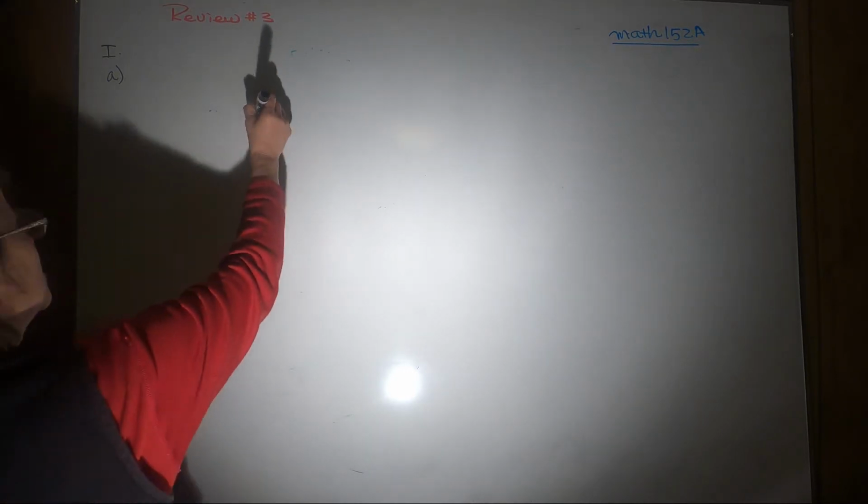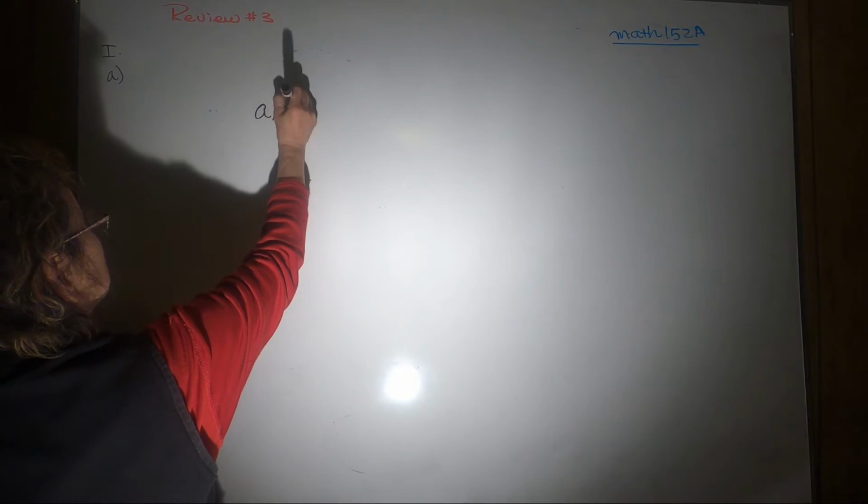We are doing the review for exam 3, which covers chapter 6, polynomials, right? So if we ask you what is a polynomial, how are you going to describe it? We know poly means many terms of a certain kind of term. So each term will be what?